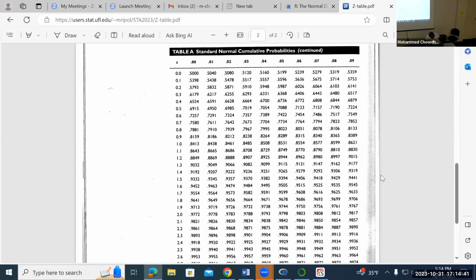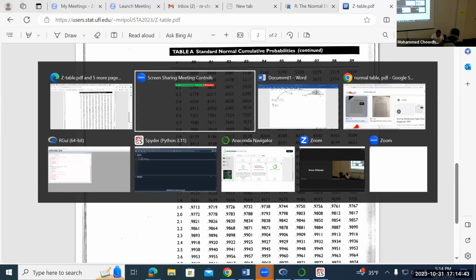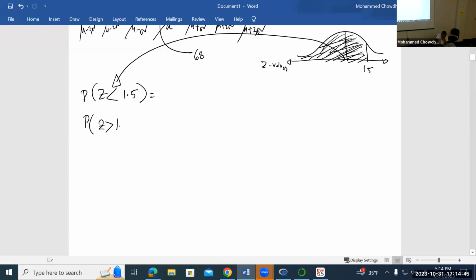So I am going to write here 0.9332. This is equal to that area, that percent. That means 93.32%. So that means 93.32 percent of the frequency falls there. Okay. Understand? So this is the explanation of this.